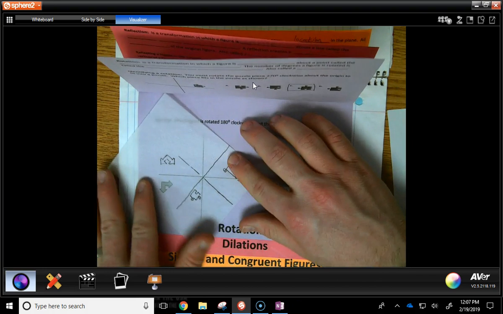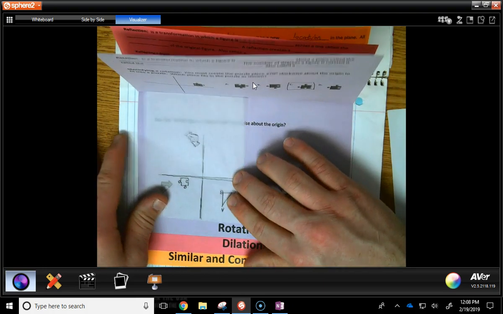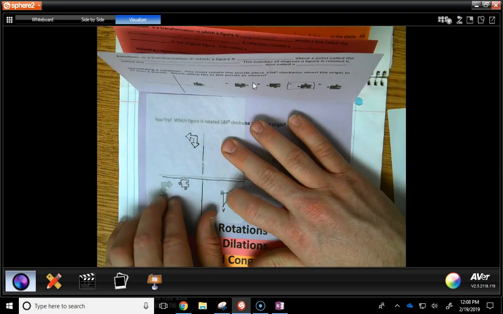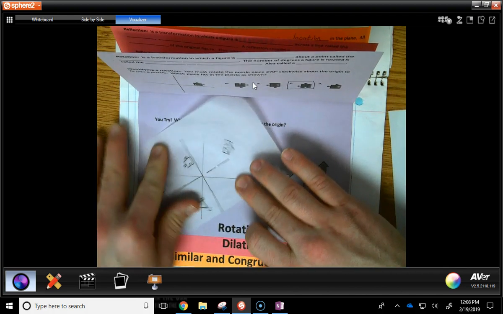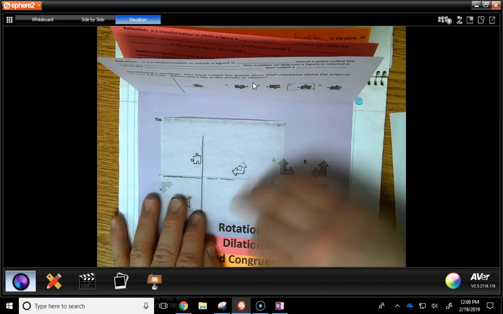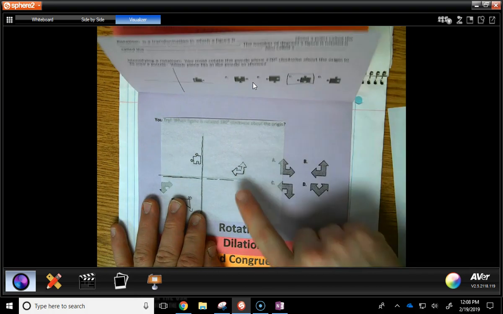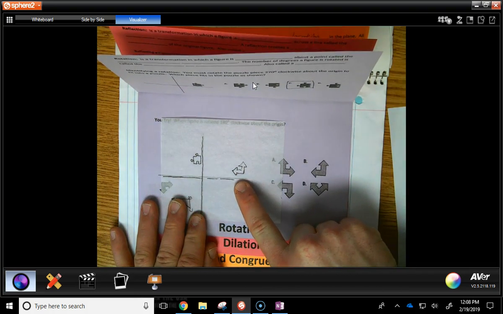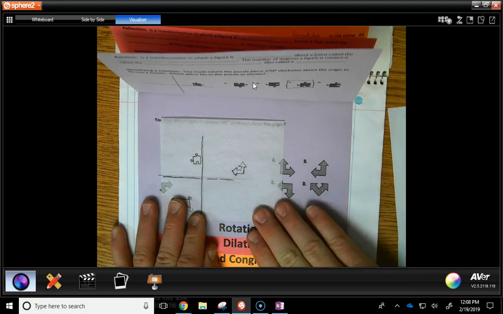So I turn till my axes line up again. There's 90. There is 180. So my picture would look just like this, which matched B.